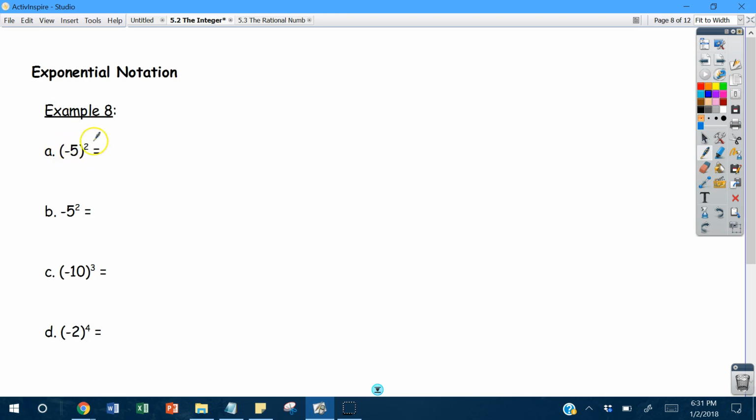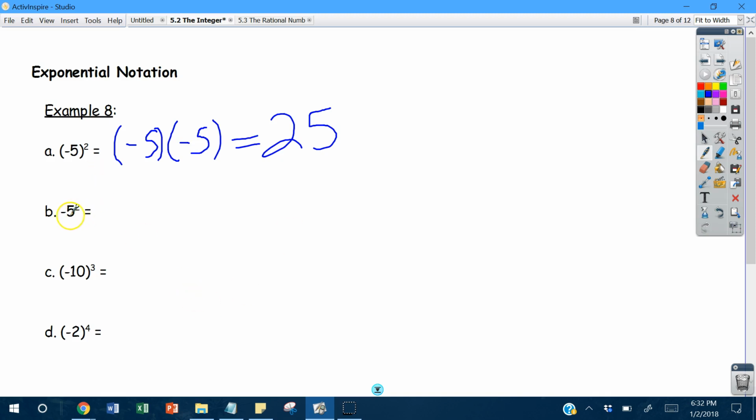So I can rewrite this negative 5 squared as negative 5 times negative 5, and that gives me a positive 25. Negative times a negative is a positive. So that's how we would interpret that squared.